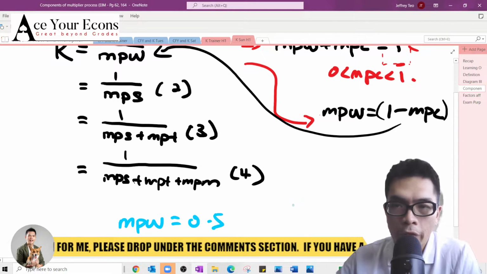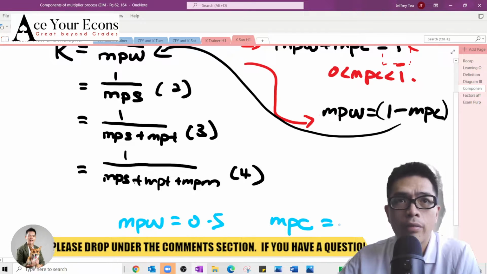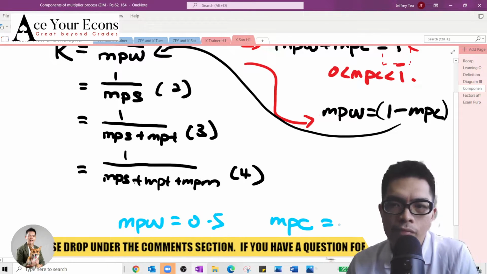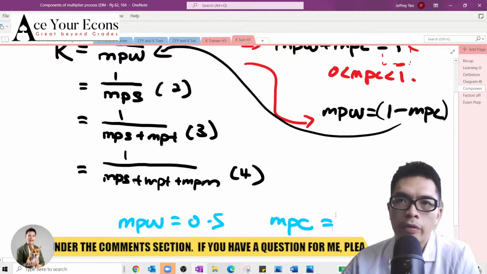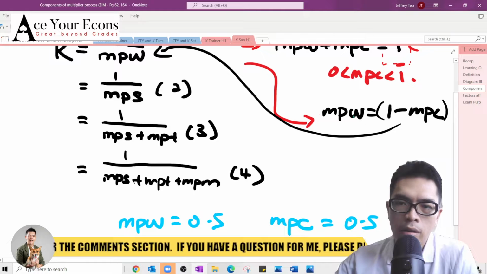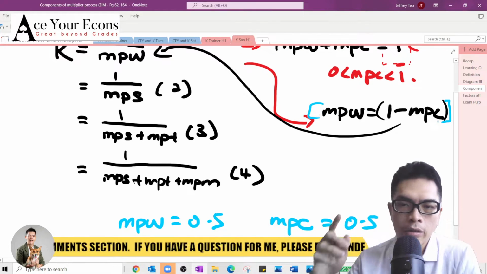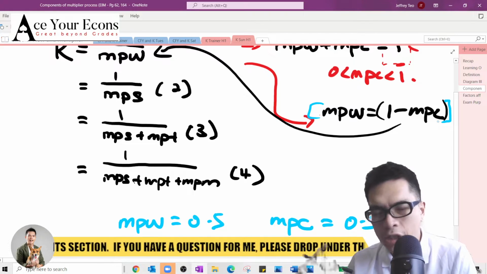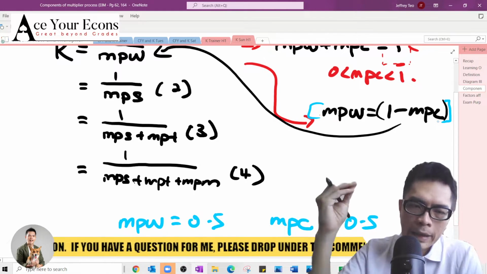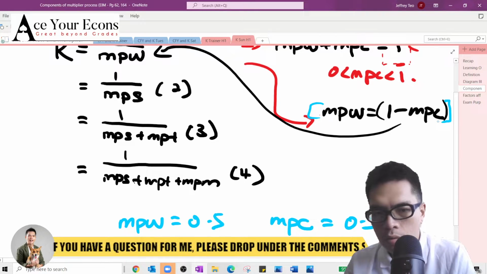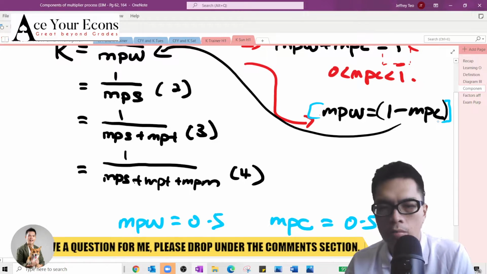So by default, what is the size of your MPC if MPW is 0.5? 0.5. Yeah? So it simply tells you that for every additional dollar that you make, half of it will go to spending and the other half will go to withdrawal. 50 cents will go to spending, 50 cents will be leaked out of the economy.